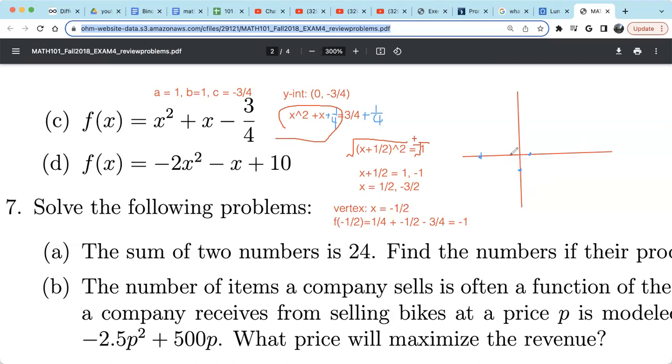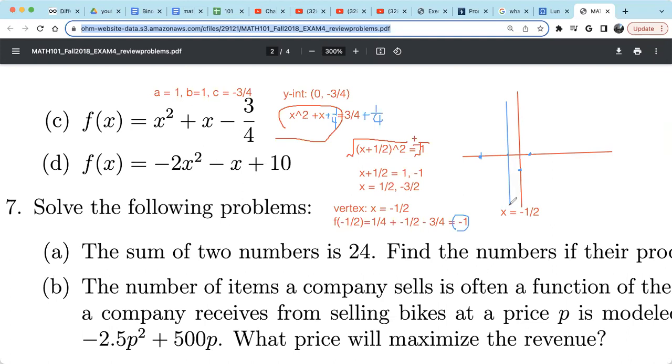The x value is -1/2, somewhere here. And so that's our line of symmetry, actually. Let's graph that line of symmetry over there. x equals -1/2. It's our line of symmetry. For the vertex, the x value is -1/2 and the y value is -1.